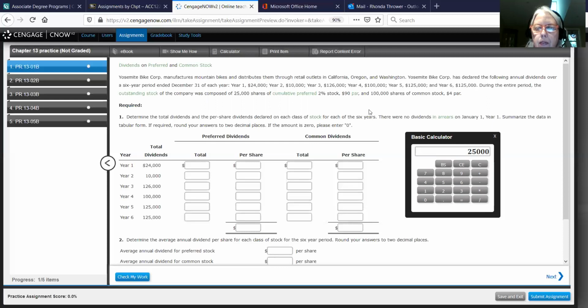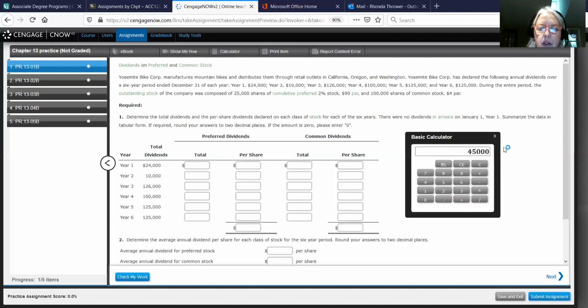So once we have the 25,000 shares of preferred stock, we're going to multiply those 25,000 shares times 2%. This will give us our dividend rate, and then we need to multiply that again by the $90 par value, and that will determine the total amount of dividends that we owe to our preferred stockholders.